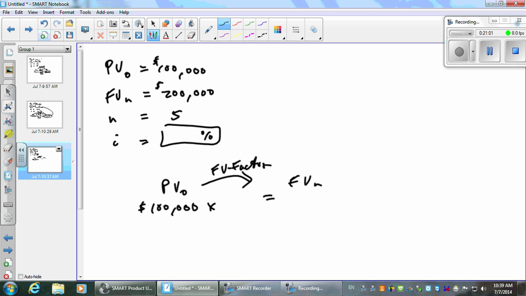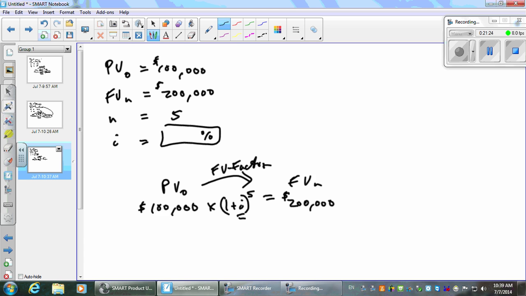So this is going to be times 1 plus some interest rate that I don't know, raised to the 5th, is 200,000, future value 5 years from now. It's true that everything I know is solved for what I don't know. What I don't know is the interest rate.